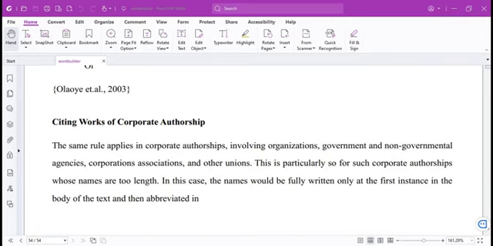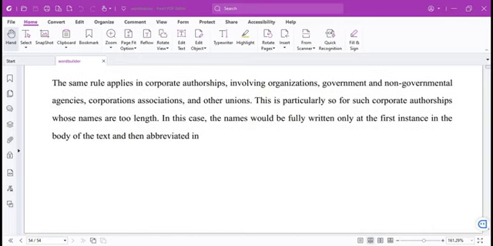This is particularly so for such corporate authorship whose names are too lengthy. In this case, the names will be fully written only at the first instance in the body of the text, and then subsequently abbreviated.